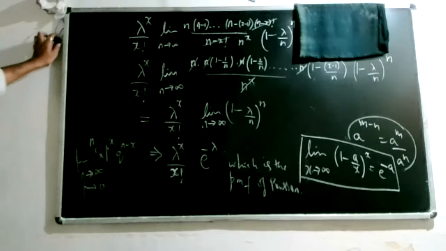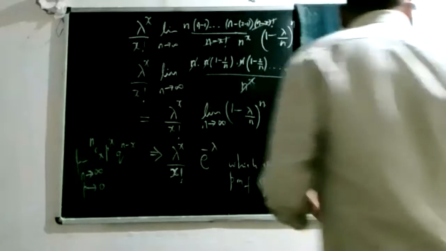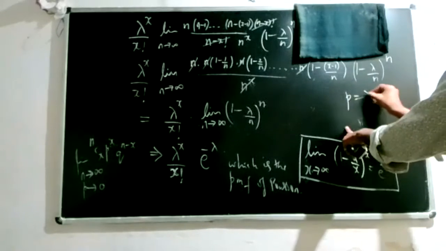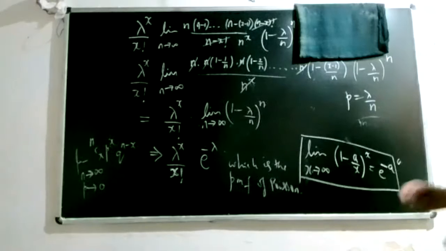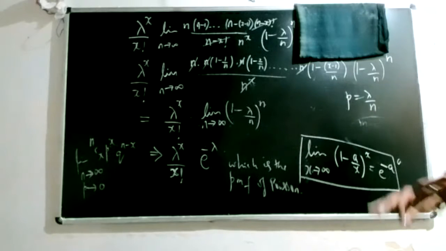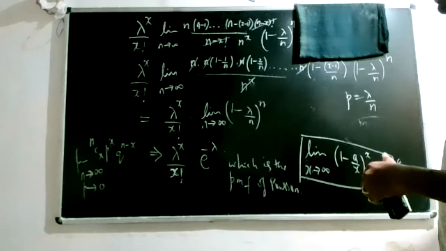Derive the PMF of Poisson, or show that the binomial distribution tends to Poisson when n tends to infinity and p tends to 0. So the important steps are: first step, you convert p to lambda by n everywhere in the PMF, and then you take out the limit p tends to 0 because no more p terms are available under the limit there.